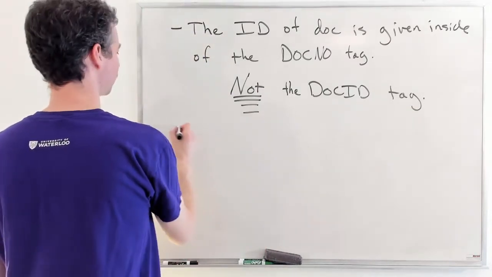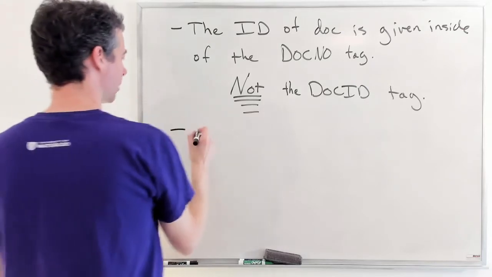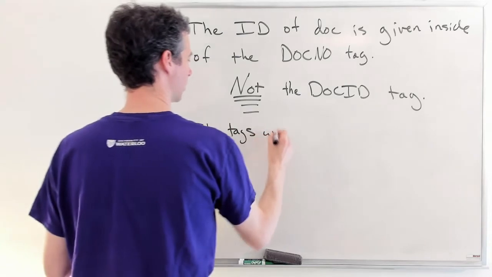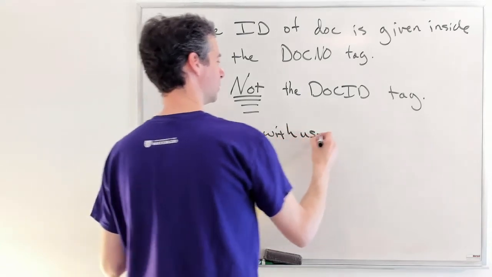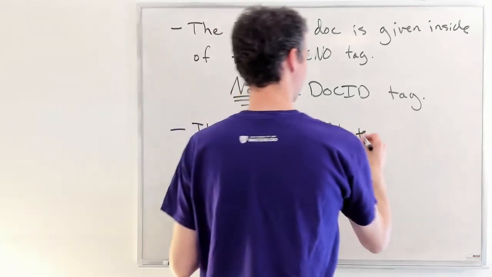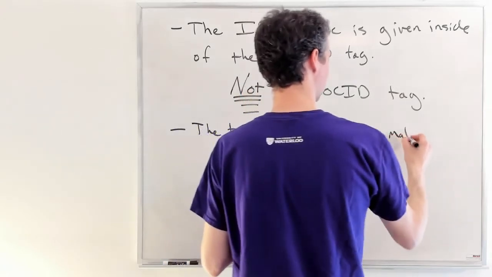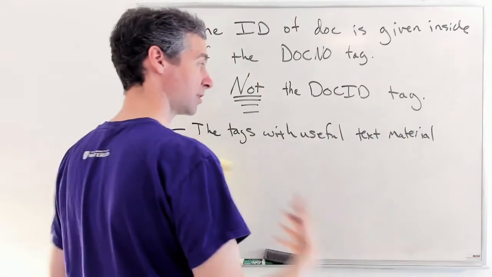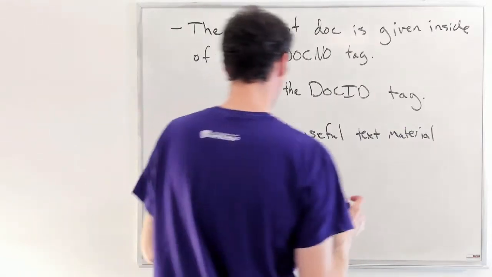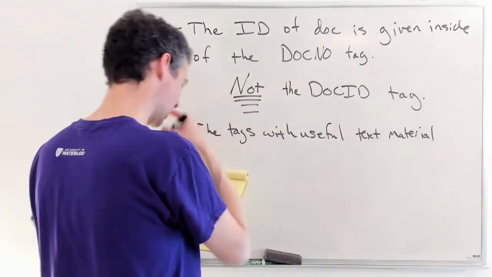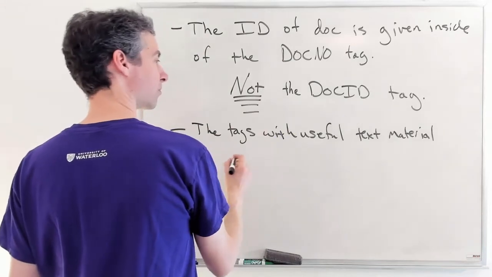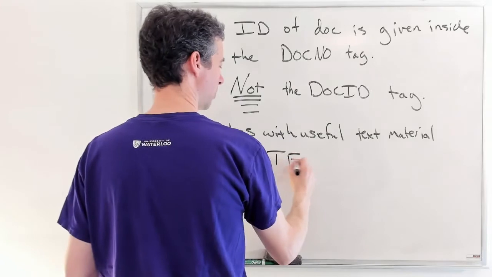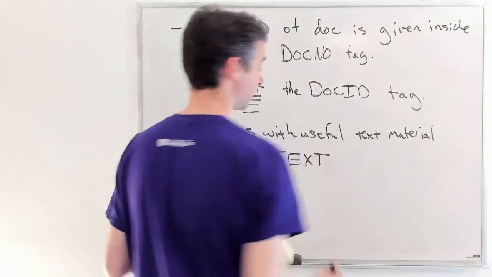Then the tags with useful text material. Not all the tags are useful for us, but we want the ones that have the nice text that we can retrieve on. There's a text tag. That's quite nice.